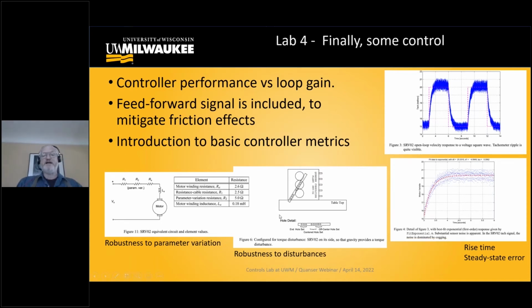We introduce a disturbance. We do that by having them put the motor servo on its side and offsetting the link so that there's a gravitational torque. And so the students measure the effect of this disturbance, and then of course see that increasing the loop gain mitigates the impact of disturbances.